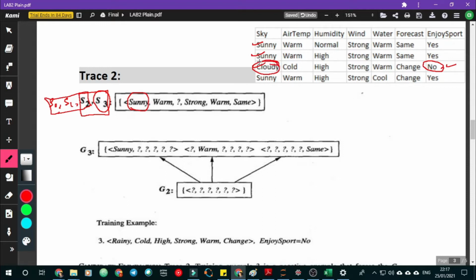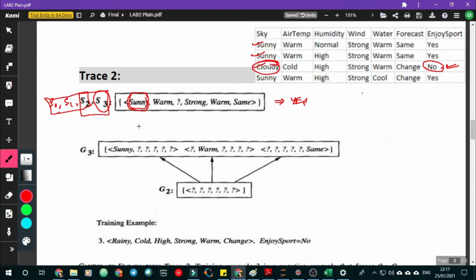When the sky is cloudy, it is leading to negative. When the sky is sunny, it is leading to positive, because it is a specific hypothesis. This takes only positive, right? When the sky is sunny, the outcome is positive, that is yes. When the sky is cloudy, it is leading to negative.